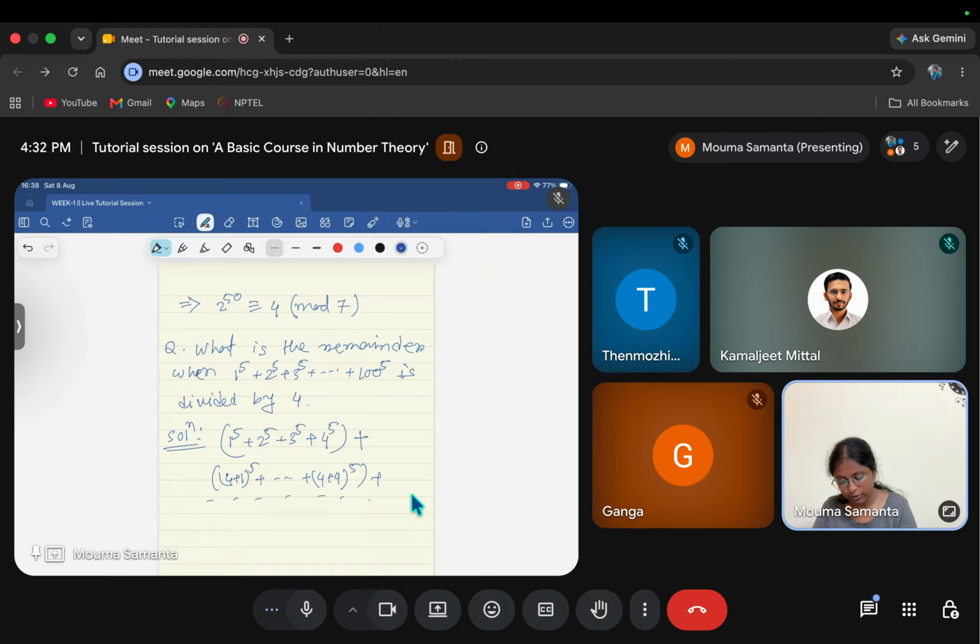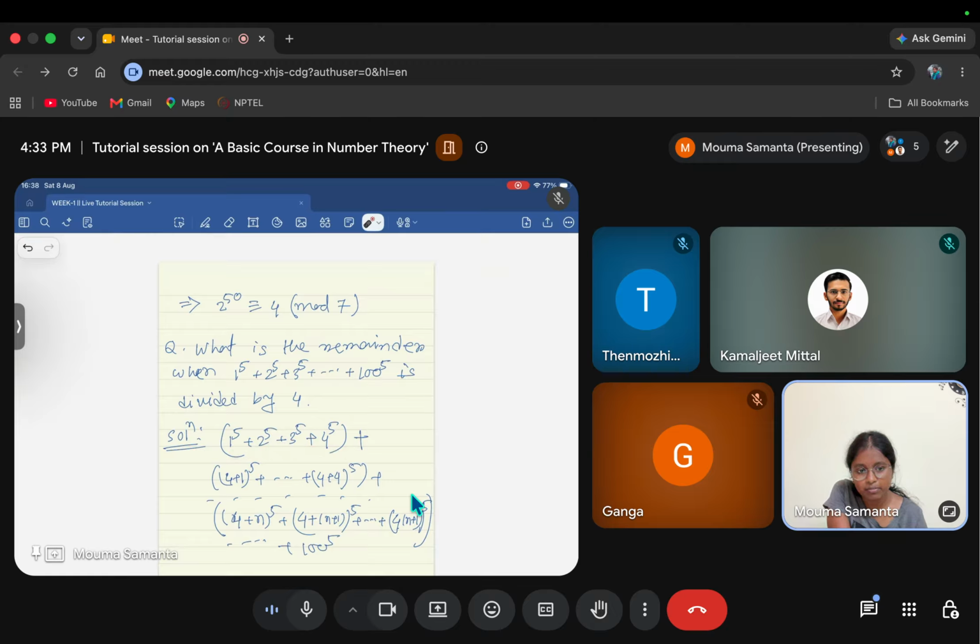In this way the nth term will be 4 plus n power 5 plus 4 plus n plus 1 power 5, in this way up to 100 power 5. Now these are powers of 4 consecutive integers, this also powers of 4 consecutive integers, here also powers of 4 consecutive integers.